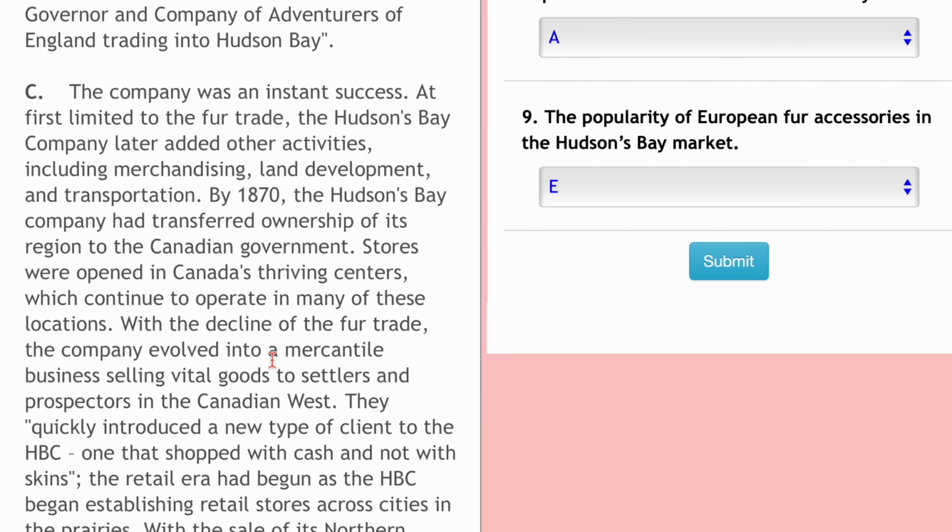C. The company was an instant success. At first limited to the fur trade, the Hudson's Bay Company later added other activities, including merchandising, land development, and transportation. By 1870, the Hudson's Bay Company had transferred ownership of its region to the Canadian government.